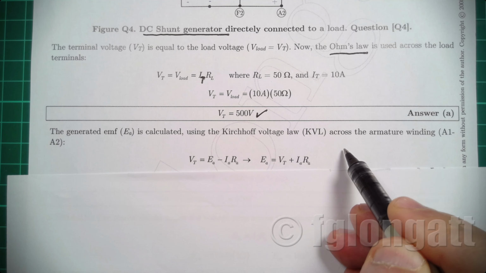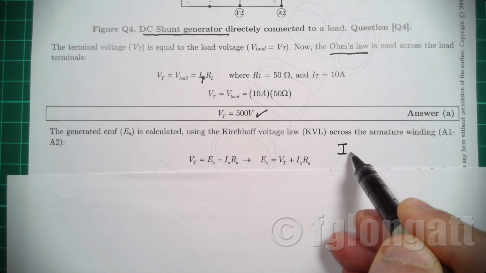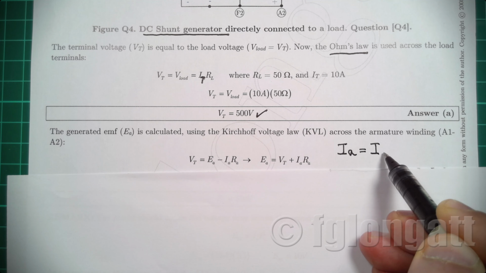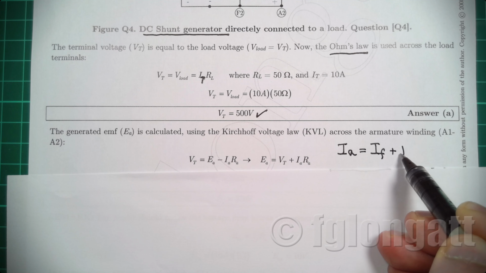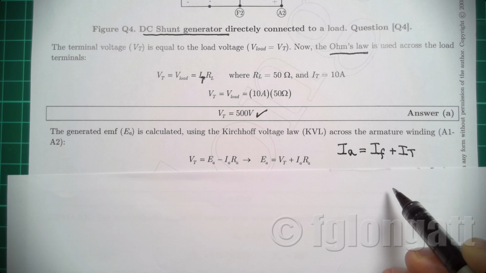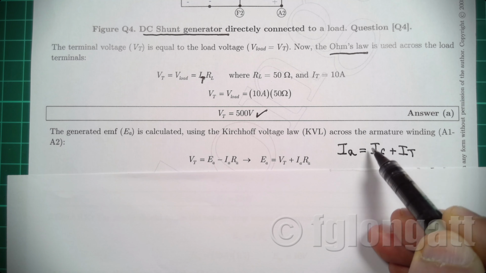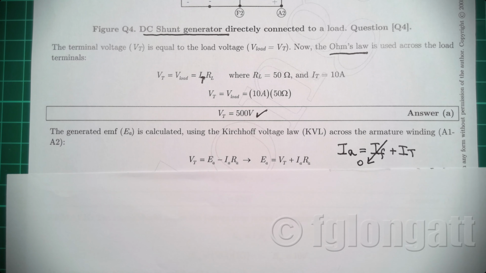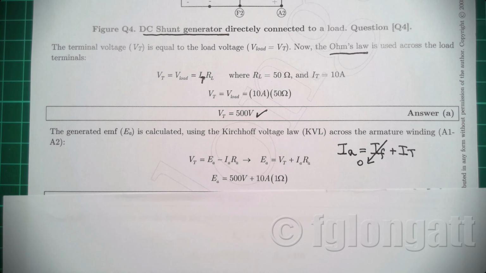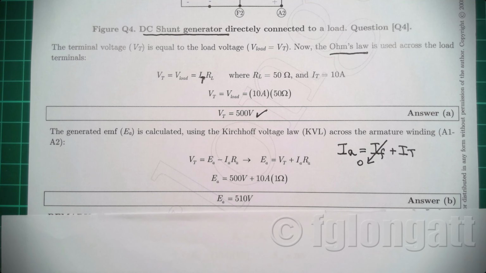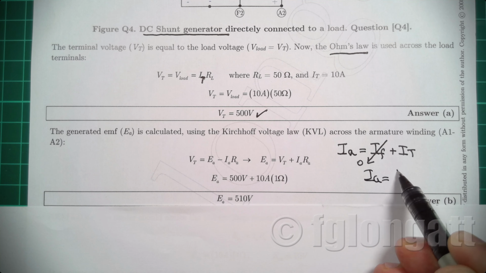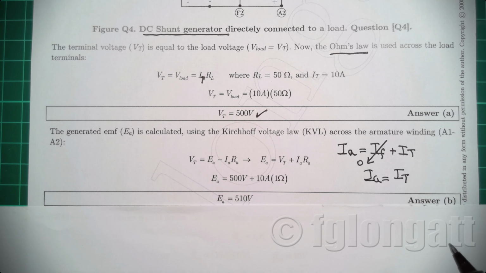The very important thing is that you must remember that in the circuit, armature current is equal to the field current plus the terminal current. But for this very specific example, we can neglect the field current. So neglecting the field current makes the armature current equal to the terminal current.